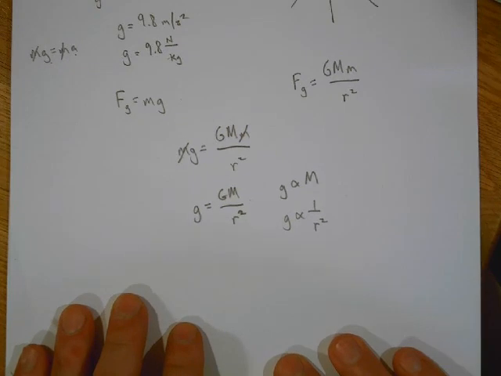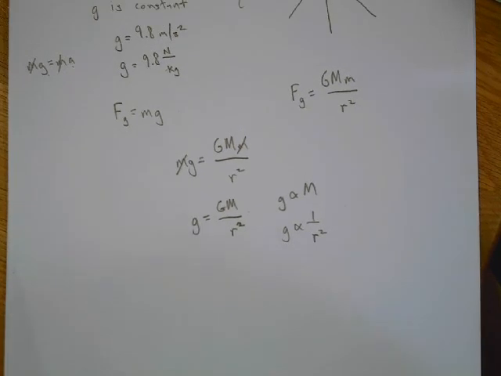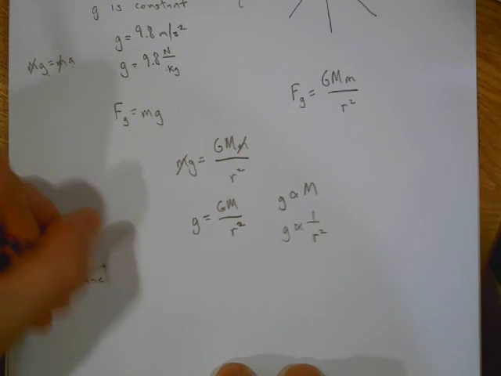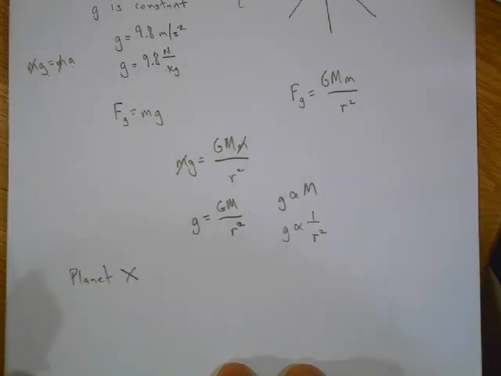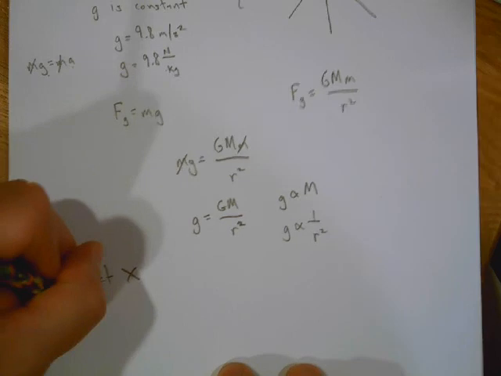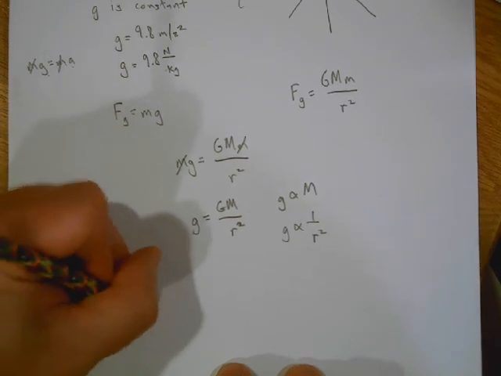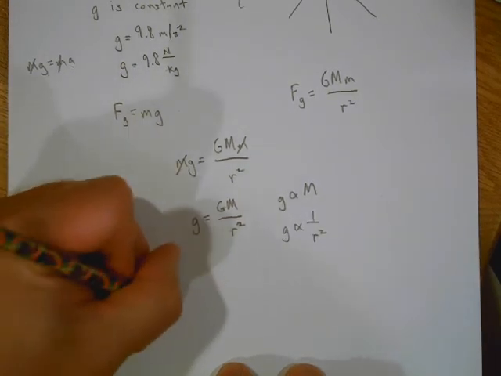Actually, before we go, let's do one quick practice problem, because it's always good to practice proportional reasoning. Let's say you are on planet X, and planet X has a mass that's 3 times the Earth.